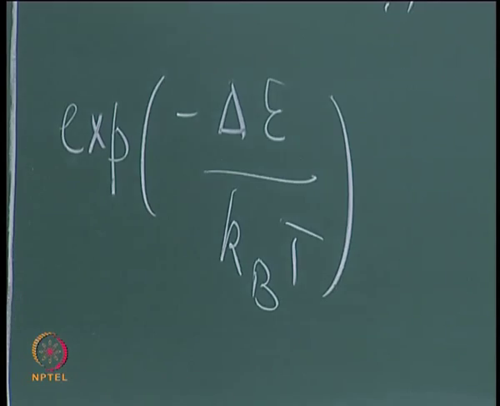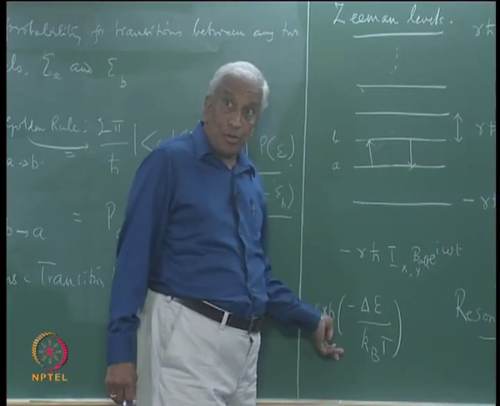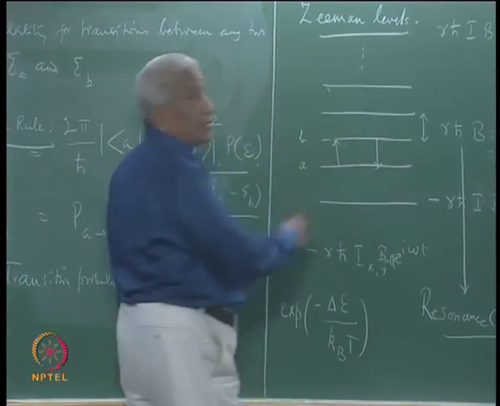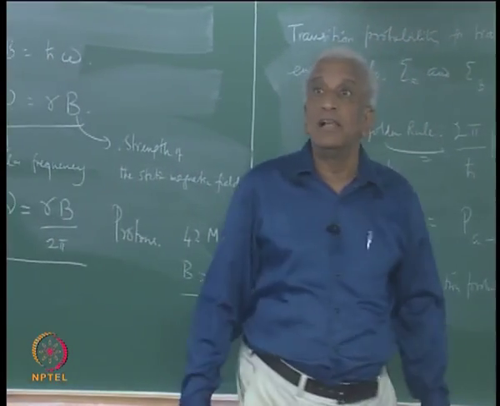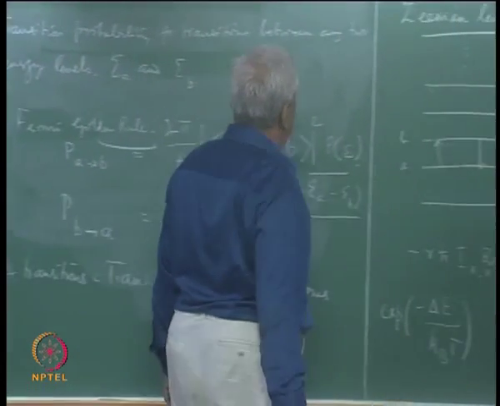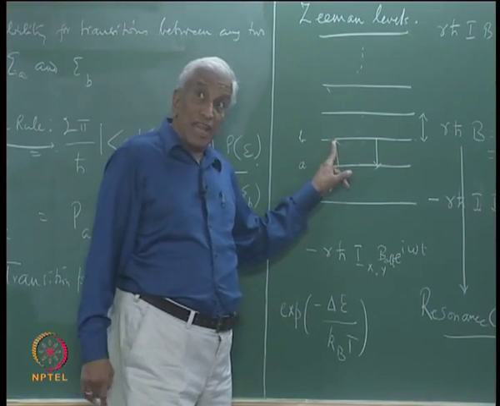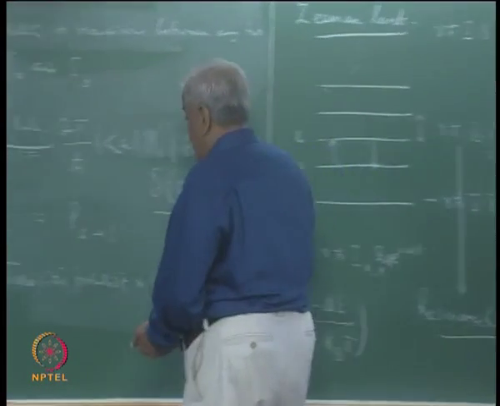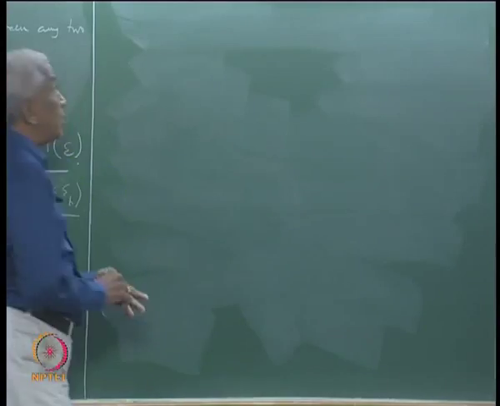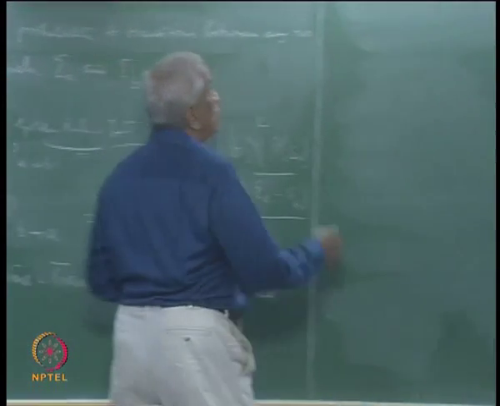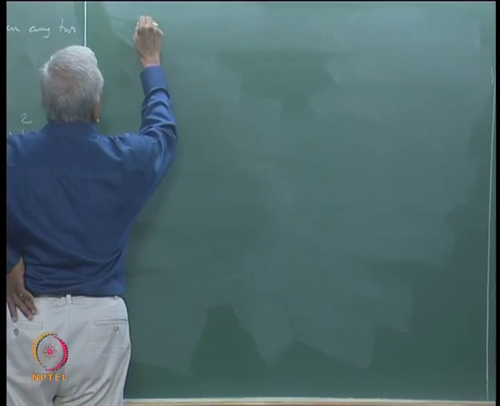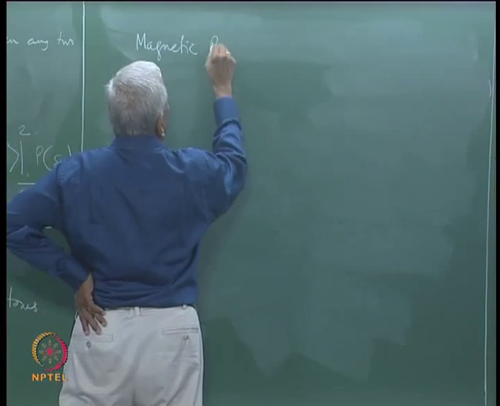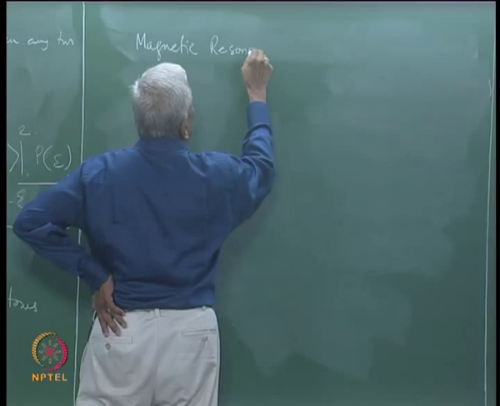So, it is this net population difference in thermal equilibrium which makes it possible to have more transitions from the lower level to the upper level than from the upper level to the lower level. If there is more transition from the lower level to the upper level, then it will be absorption. So, because thermal equilibrium ensures that the lower level is more populated, there will be a net magnetic resonance absorption of energy at resonance.